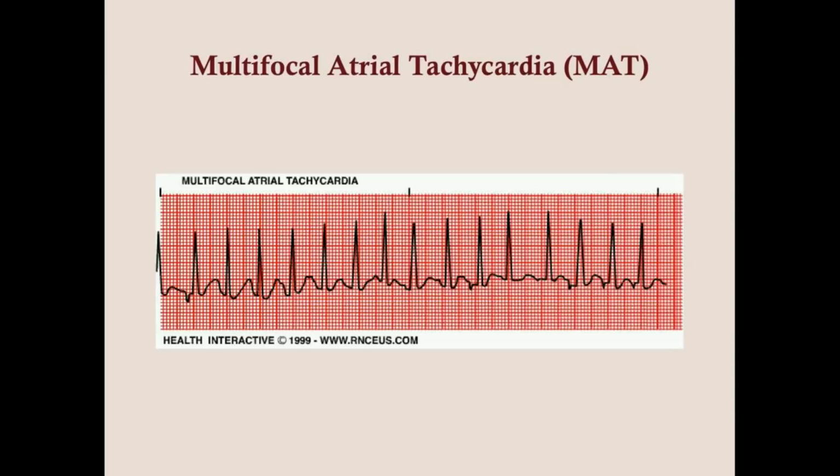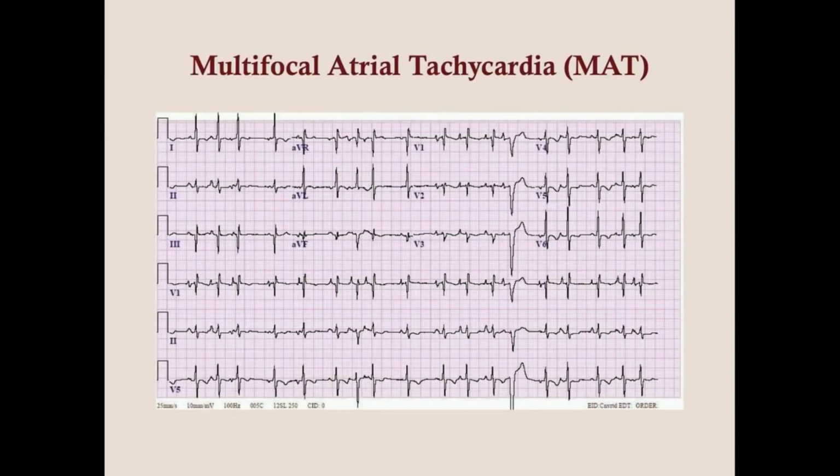Here's another one. So this one's a little bit better because I like this one better because you can see that the heart rate is usually not that fast, not as fast as it is usually in PSVT. So you can see you do have your T waves here, but your P waves are clearly what are abnormal. So here's a T wave, here's a P wave here.